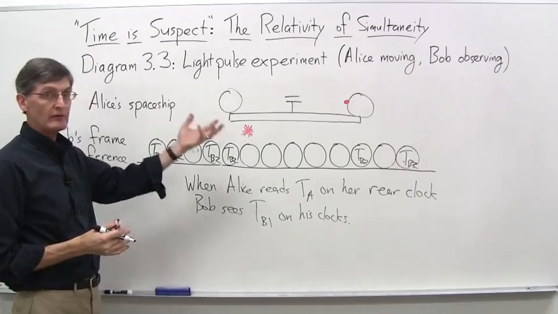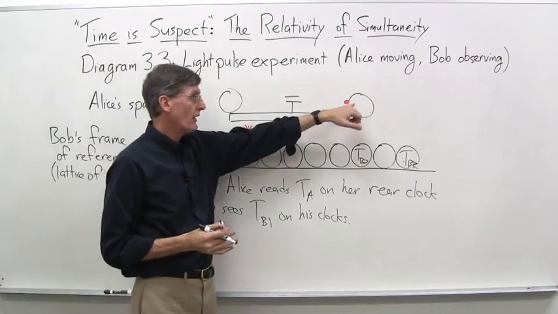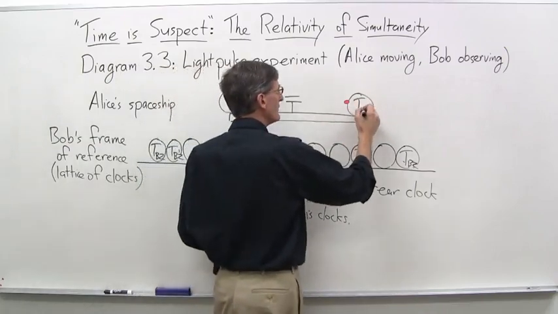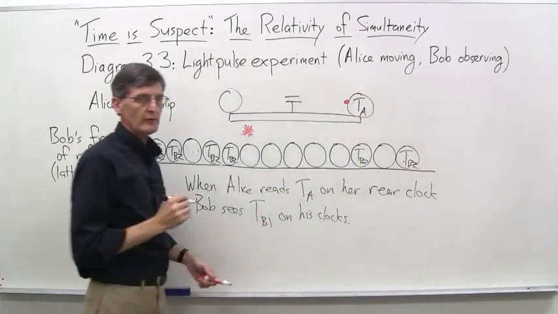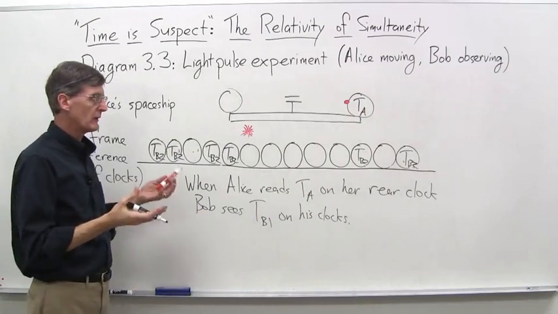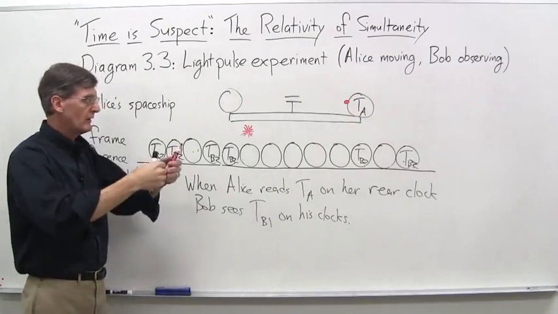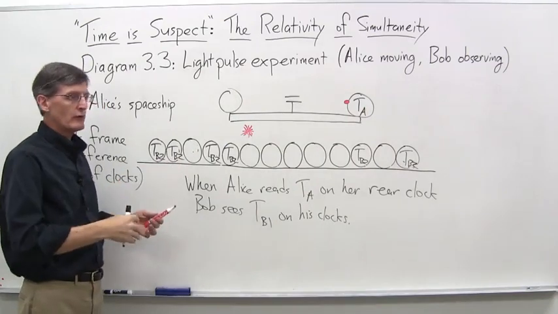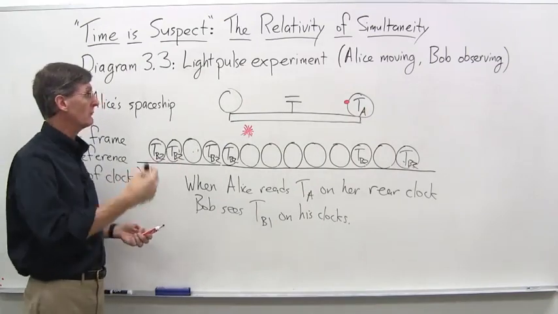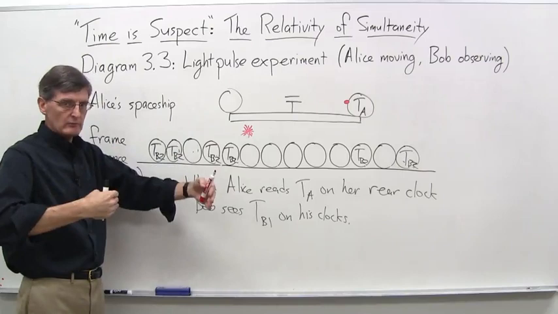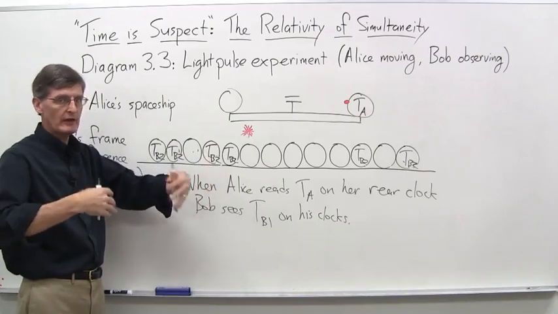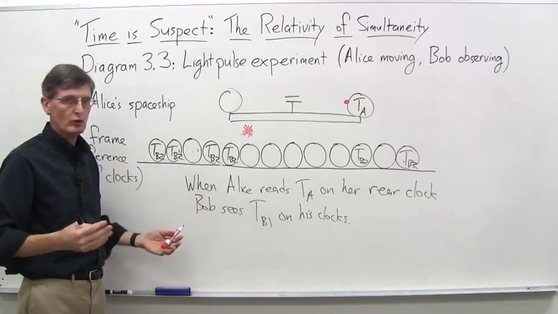Well, we know that Alice, when she takes a photo, when that photon hits that clock, her clock reads T sub A. Because remember from our initial diagram, diagram 1, as far as she's concerned, when the light pulses hit her clocks, they both read T sub A. They're both simultaneous, no big deal.